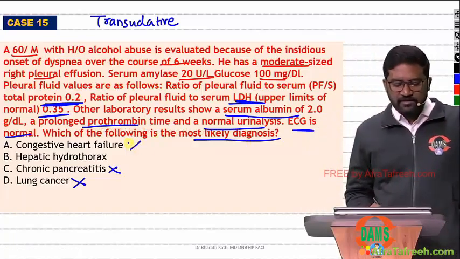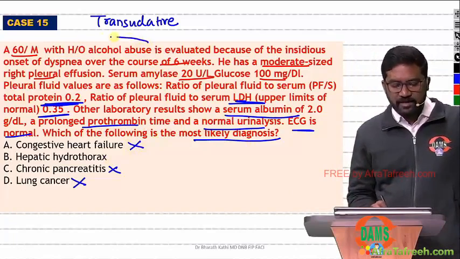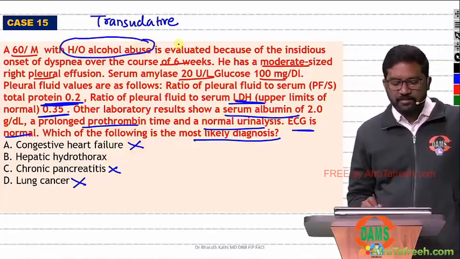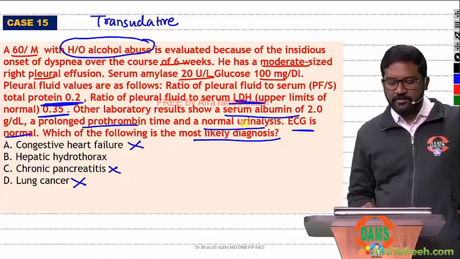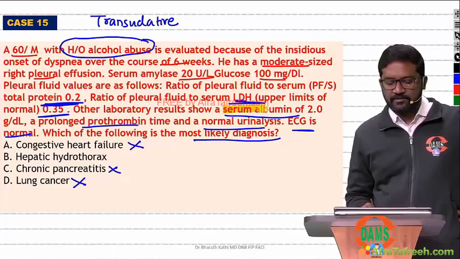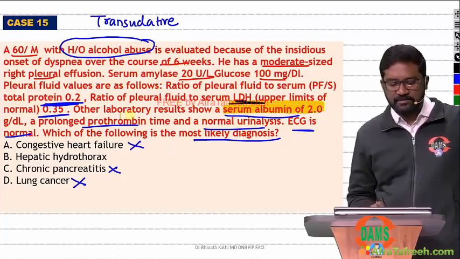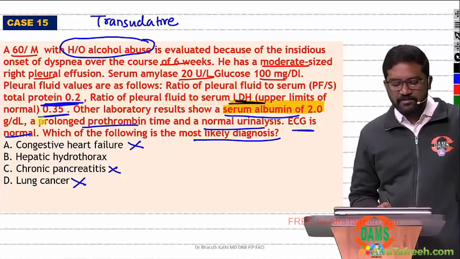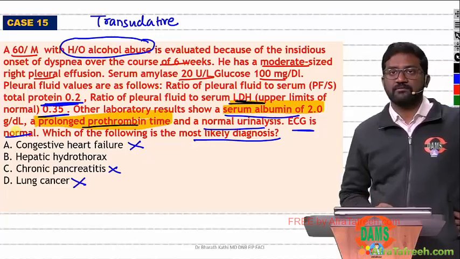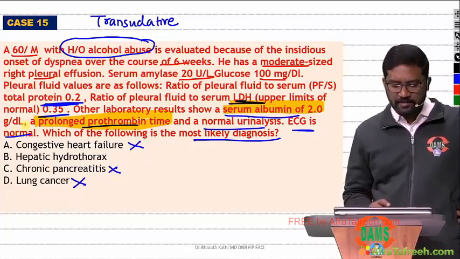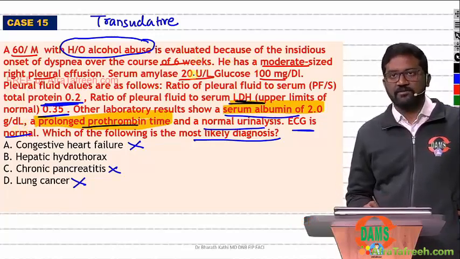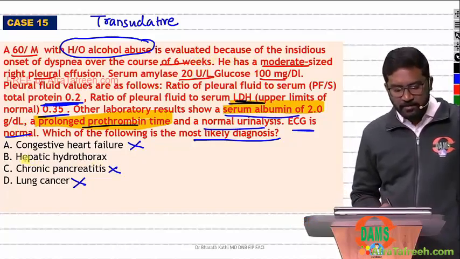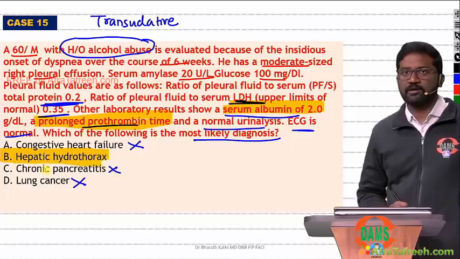Whether patient is having any liver disease, his habits, alcohol abuse, because liver is responsible for production of albumin, liver is not working in this patient, albumin is less. And it is also responsible for proper clotting, because liver is not working, clotting is also not happening properly. So there is liver disease and transudative pleural effusion. Combination of liver disease and transudative pleural effusion, it is hepatic hydrothorax.